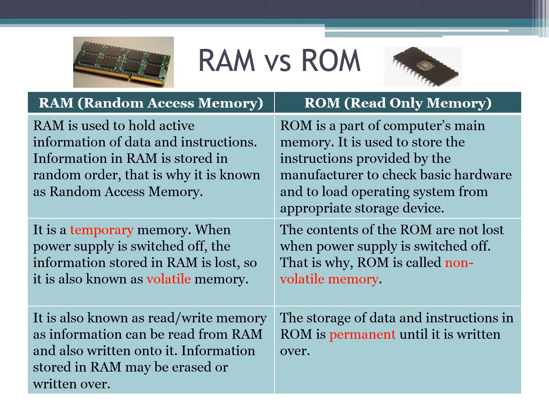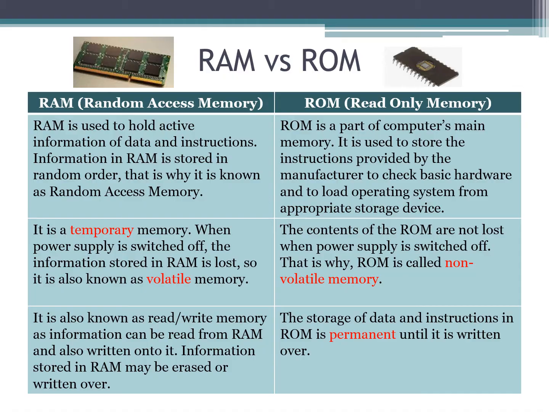The contents of ROM are not lost when the power supply is switched off. RAM is known as read-write memory. You can read from RAM or you can also write to RAM. So that is why it is called a read-write memory. On the other hand, ROM is a read-only memory. You can only read from this type of memory.